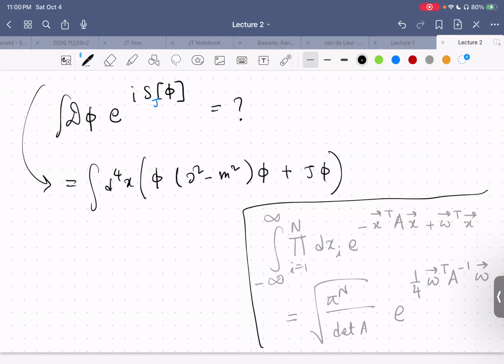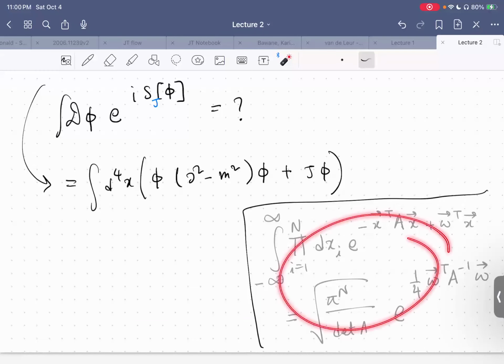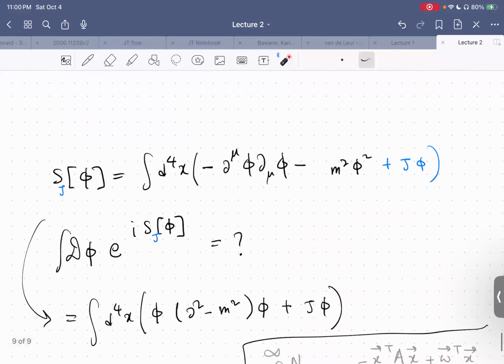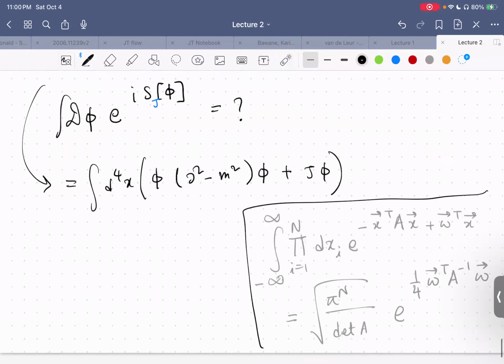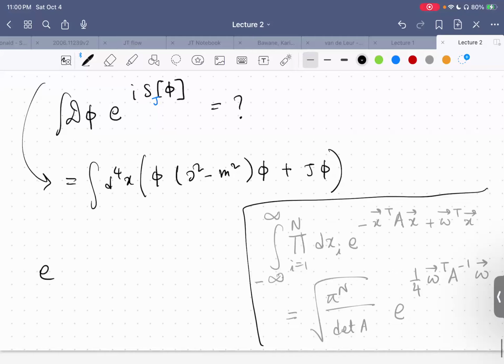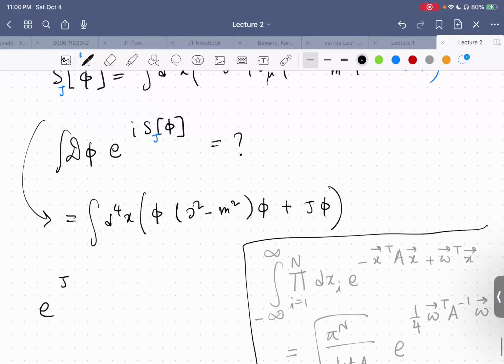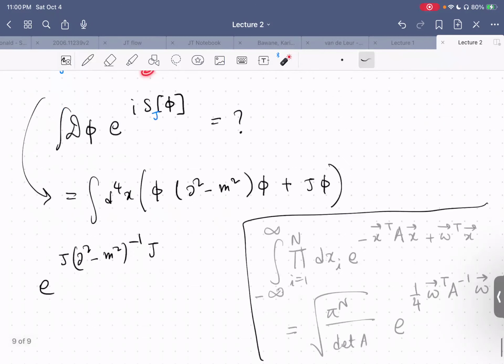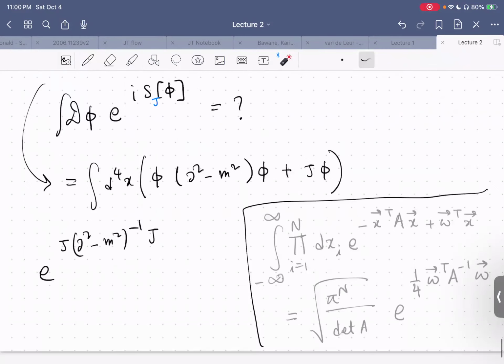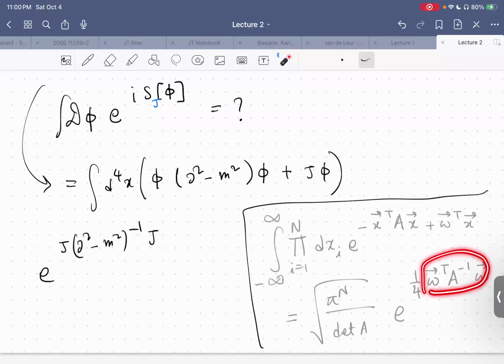So if we compare with what's going on here, then we can try to guess what this integration should look like. It should basically be the exponent of something, and that something should involve J and del squared minus m squared inverse and J, right? And here we had an integration, and this integration is really very similar to what you have here once you break it down into components, right?